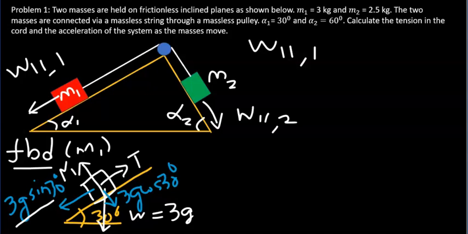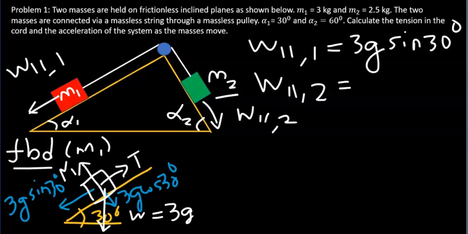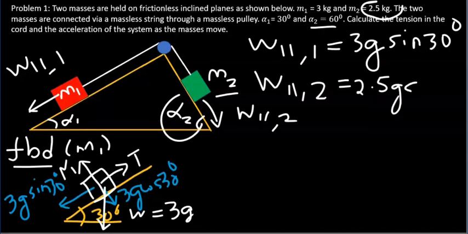W parallel 1 is 3g sine 30 degrees. That is this number. W parallel 2 will be, for mass m2, the weight 2.5 g times sine of alpha 2, because m2 is resting on a plane with inclination angle alpha 2, so that is 60 degrees.